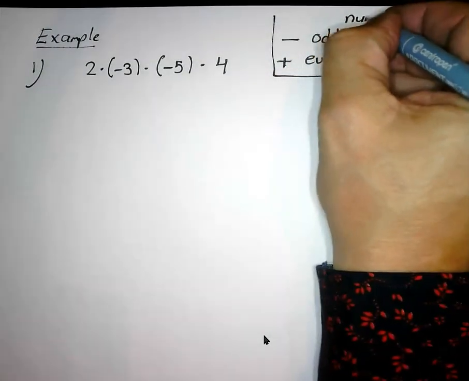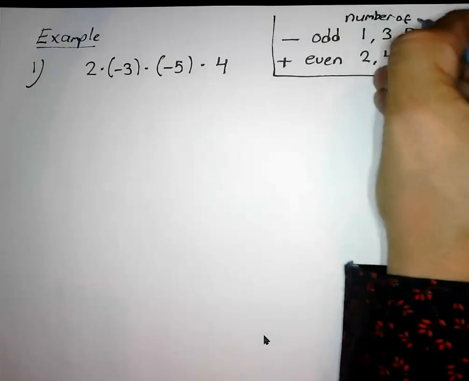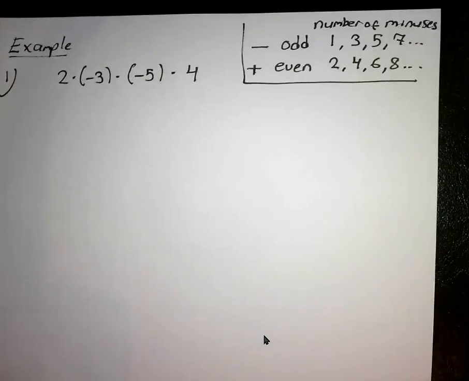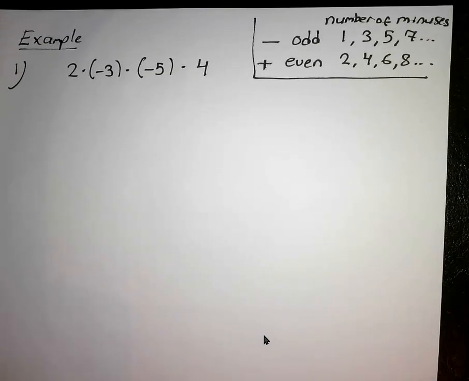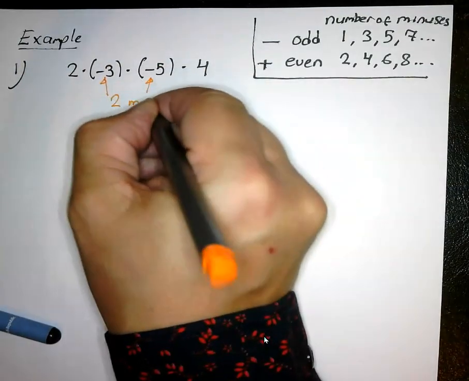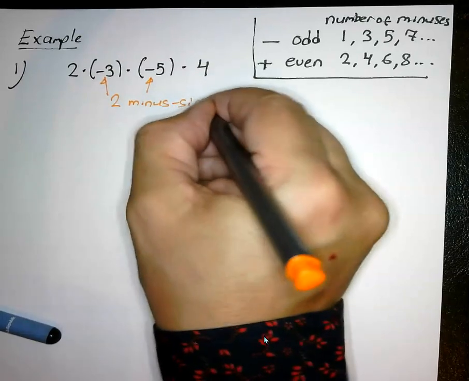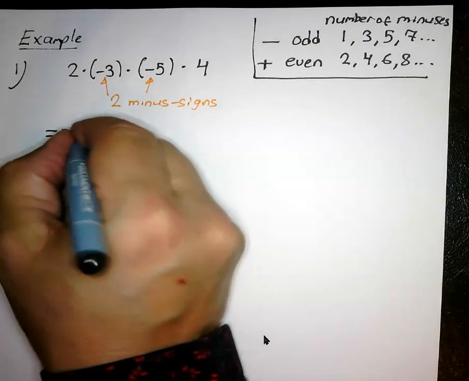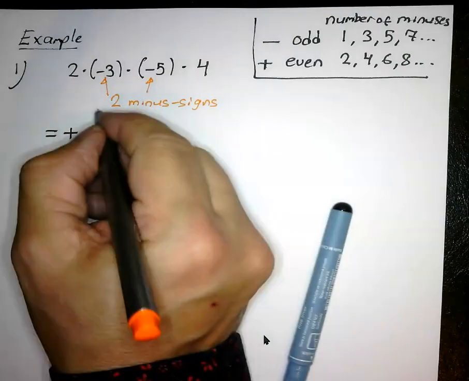That's the number of minuses. So for example, in this example here, we have 1, 2, and that means that we get plus as the result.